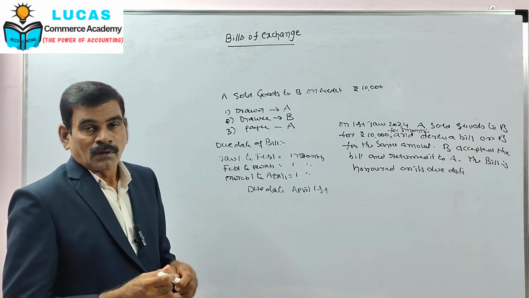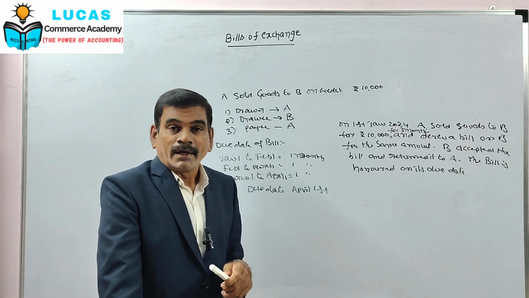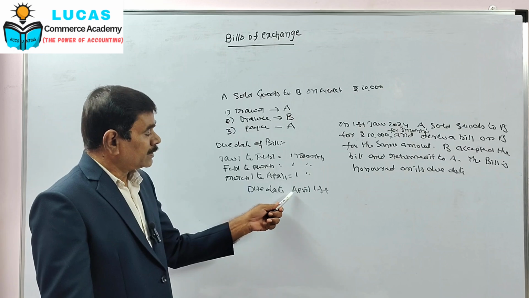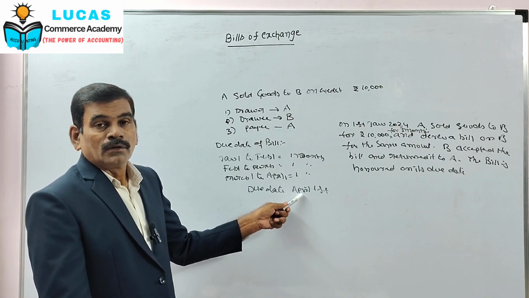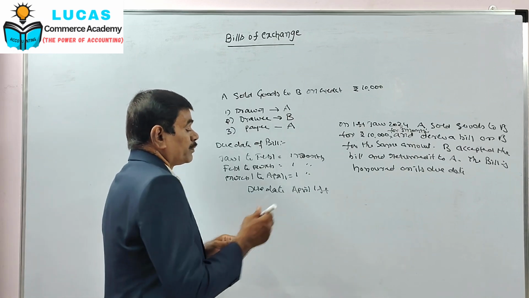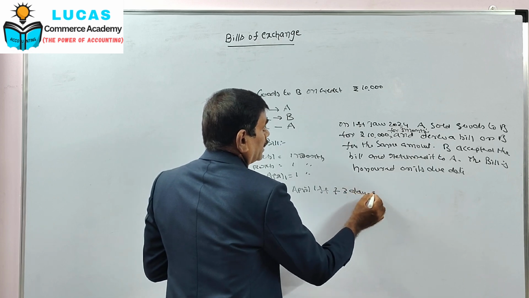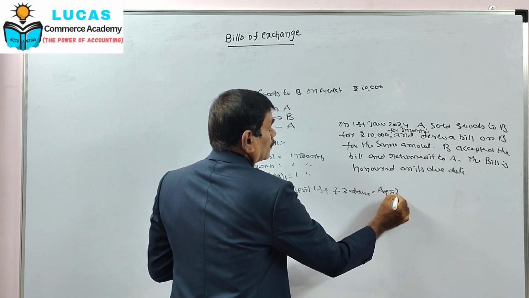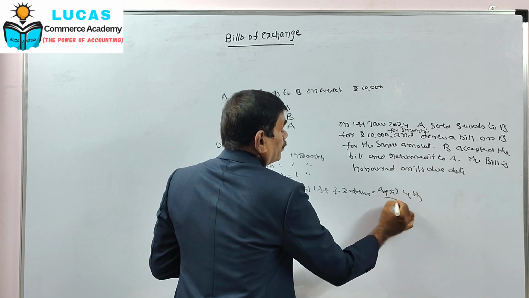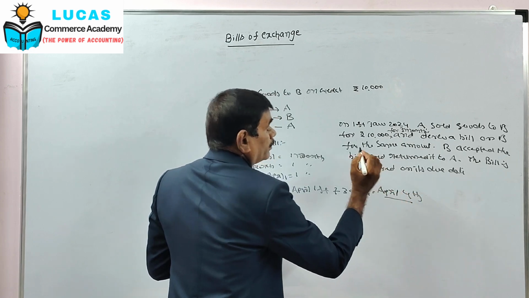But we are going to add 3 days to this April 1st. April 1st plus 3 days equals April 4th. So April 4th is the due date of the bill.